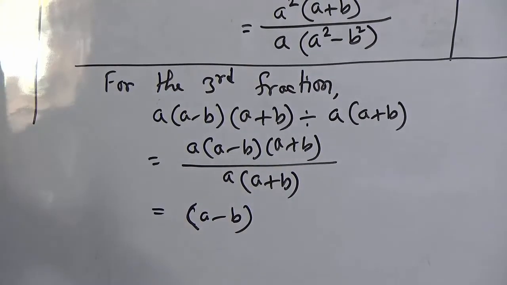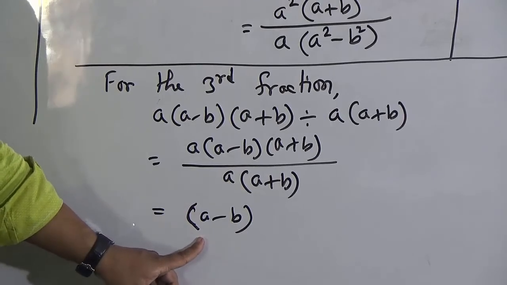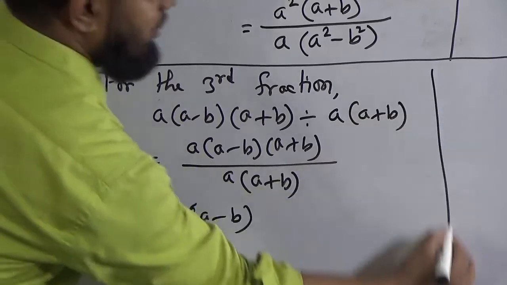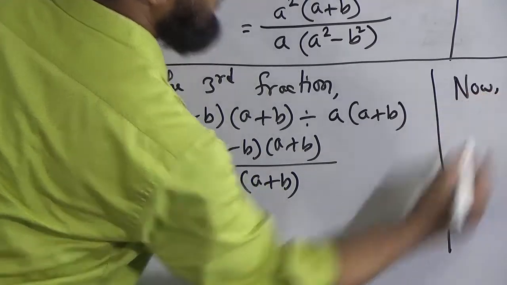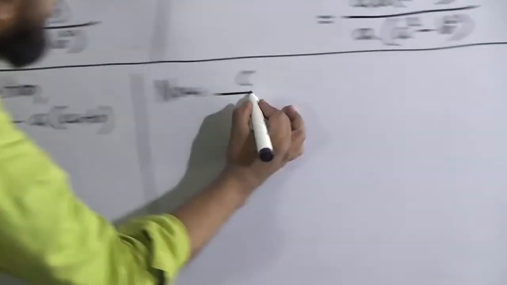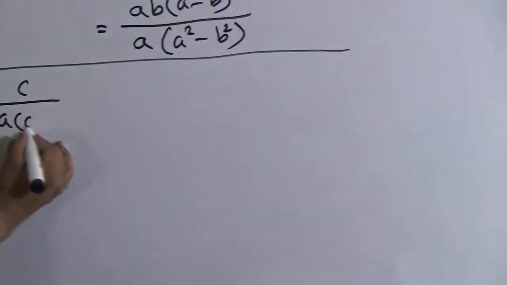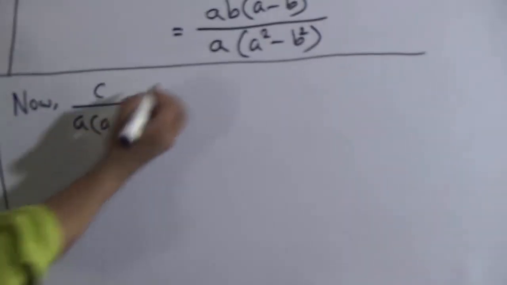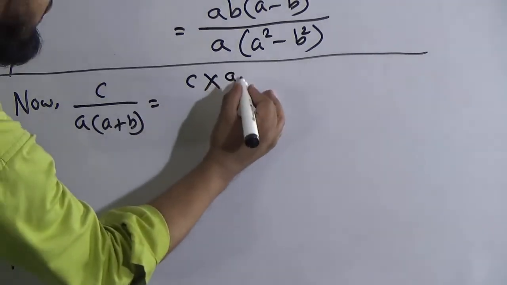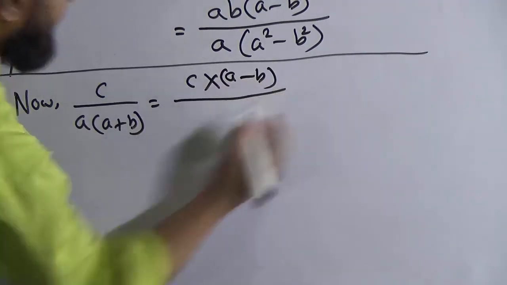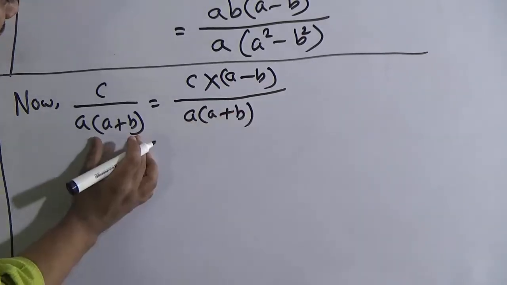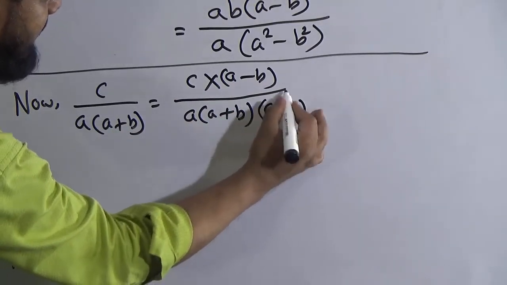So this result needs to be multiplied with the numerator and the denominator of the third fraction. Now the third fraction is c divided by a into a plus b. That is equal to c multiplied with the result a minus b, and the denominator a into a plus b also multiplied with the result a minus b.